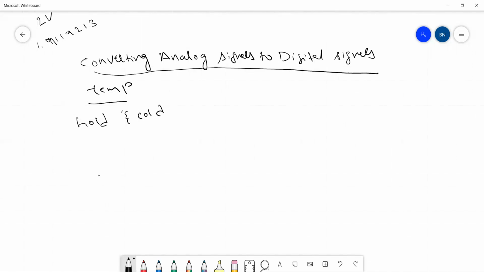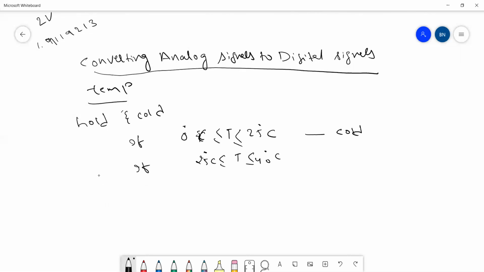For example, if the temperature is between 0 degrees centigrade and 25 degrees centigrade, this temperature is recorded as cold. If the temperature is between 25 degrees centigrade and 40 degrees centigrade, this temperature is regarded as hot.